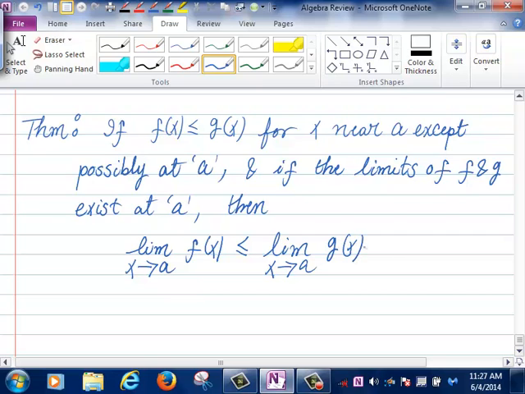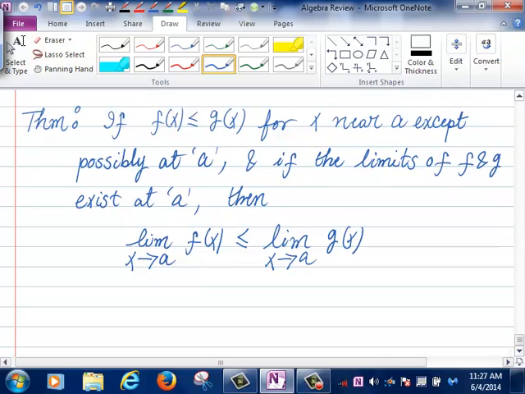Loosely speaking, if f is less than g near a, then the limit of f would be less than the limit of g. This works for left-hand limits and right-hand limits as well.